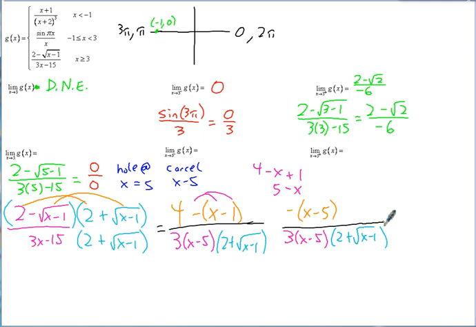So now you can take a look at the x minus 5s, reduce out, and so you're left with negative 1 on the numerator over 3, still there, and then we can substitute in 5 into the x that's left, because we now have removed the hole, so we won't get 0 over 0 anymore.